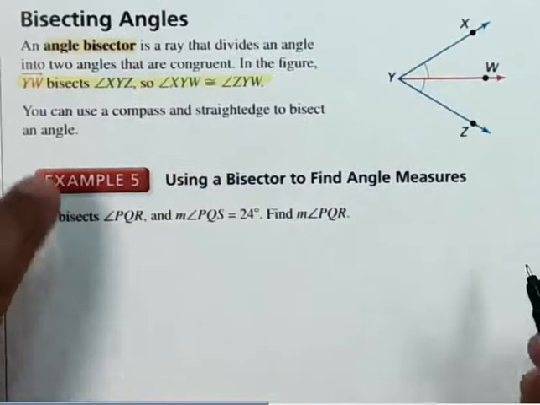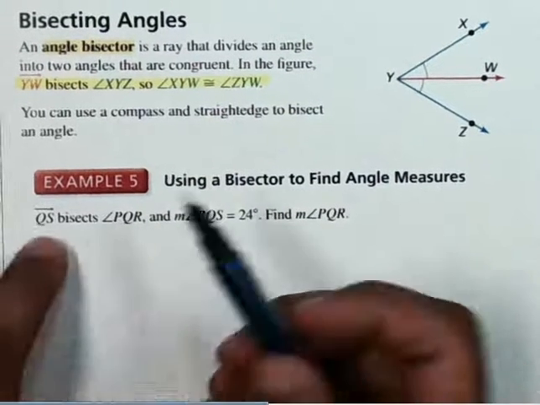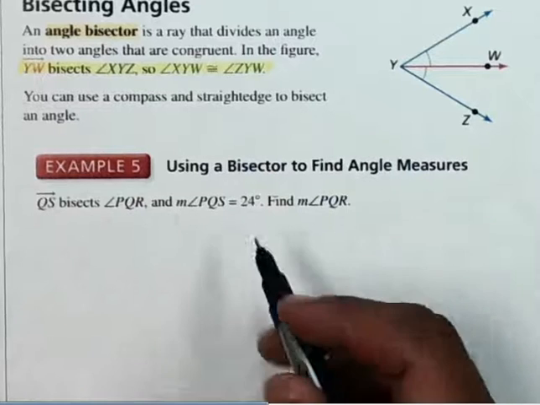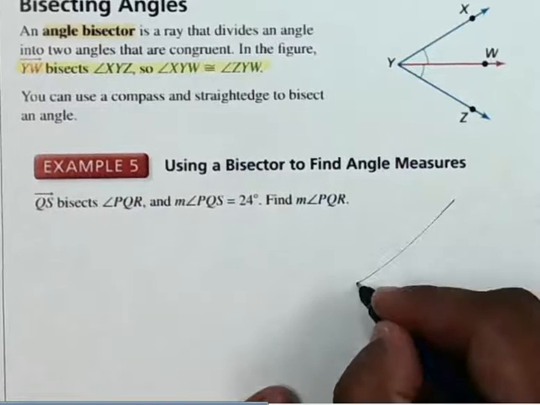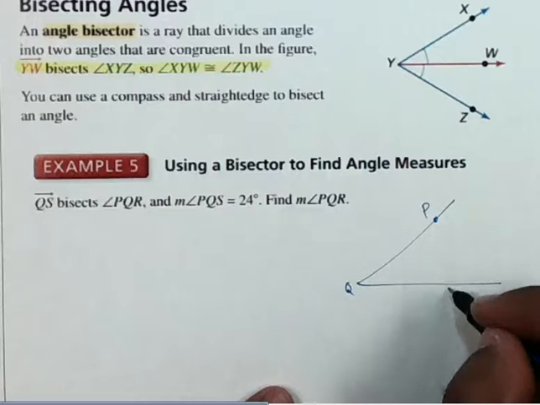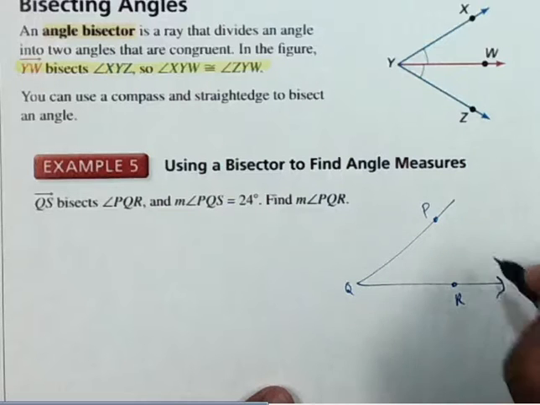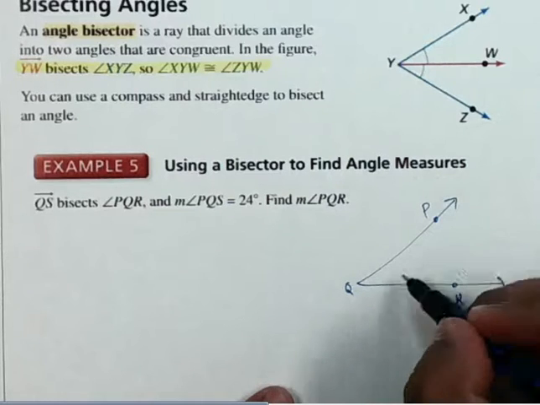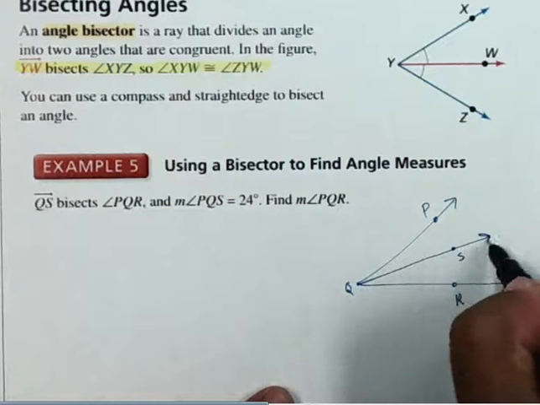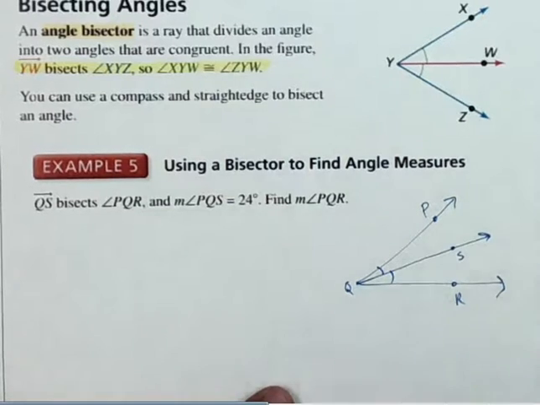All right, so let's look at this example here. Notice the statement looks very similar to what we have up here. QS bisects angle PQR. So the very first thing I'm going to do is draw my angle PQR. And I know QS bisects it, so that means point S right here is in the interior, and it makes it so that these two angles are congruent.